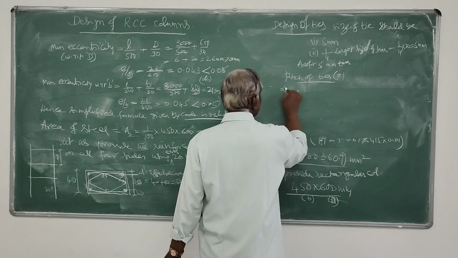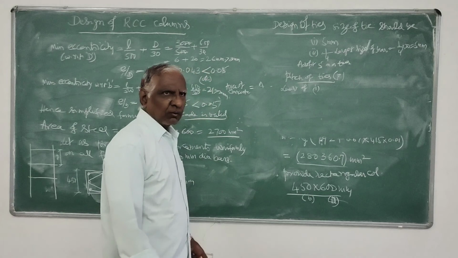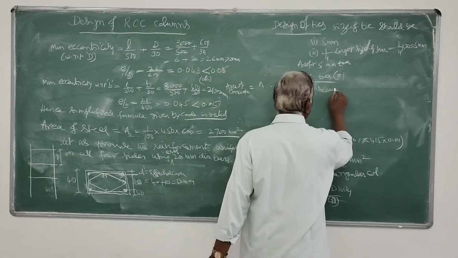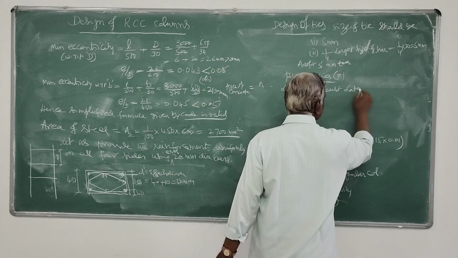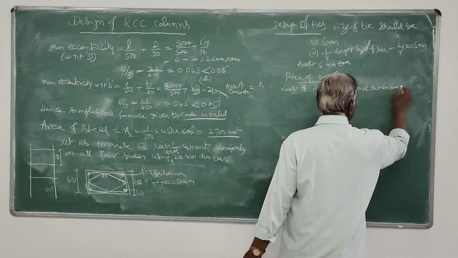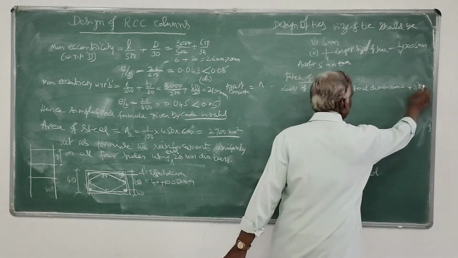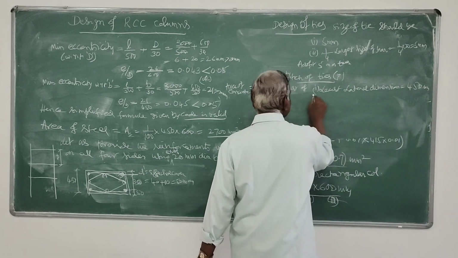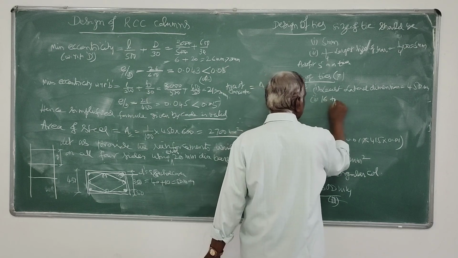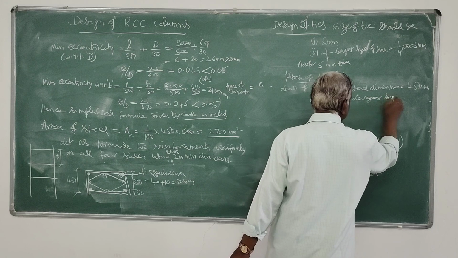There should be least of the following. One is least lateral dimension of column. What is the least lateral dimension of the column? 450 mm.